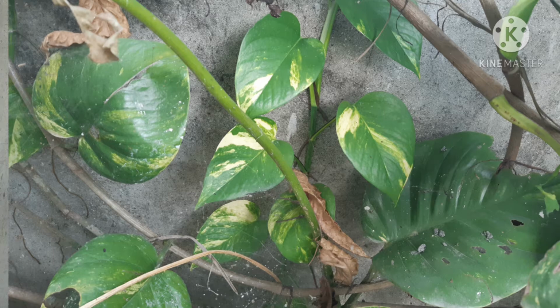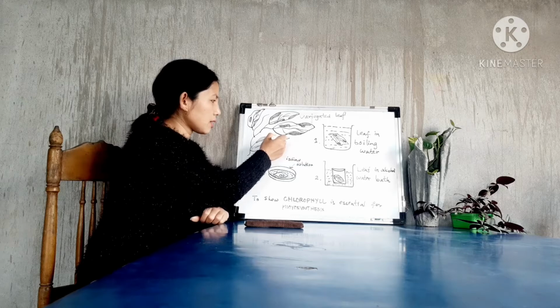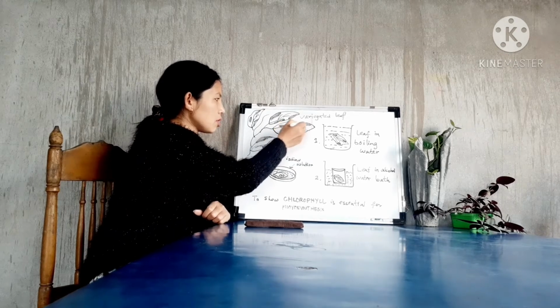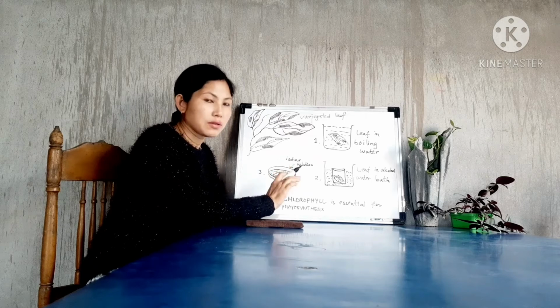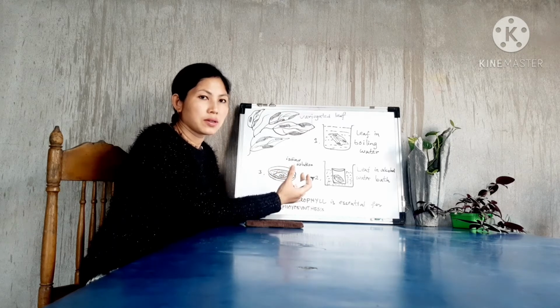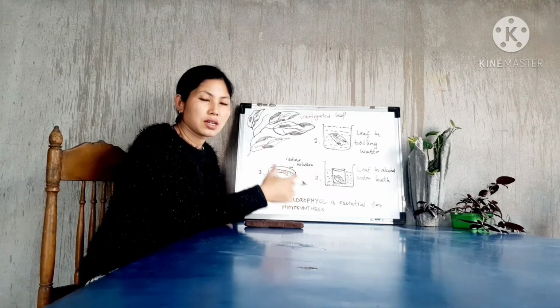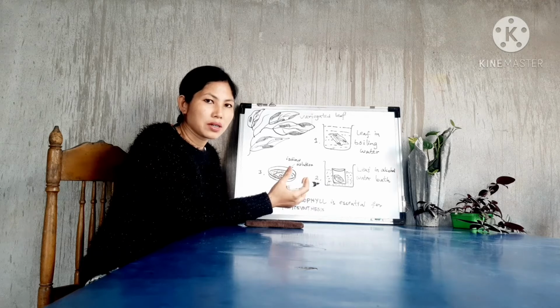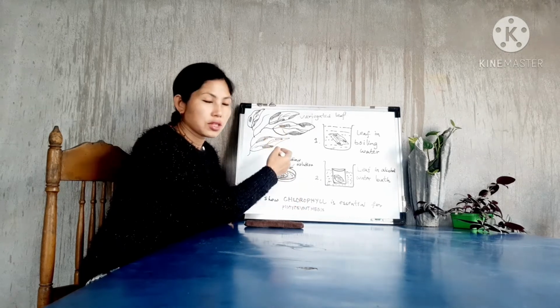I have shown here in this diagram the leaf with patches in black color. I have made these patches. These patches are the non-green part of the leaf, like those of the croton leaf or the money plant leaf, which has different patches. Other than green, there are non-green parts which do not bear chlorophyll. So we will identify those areas.